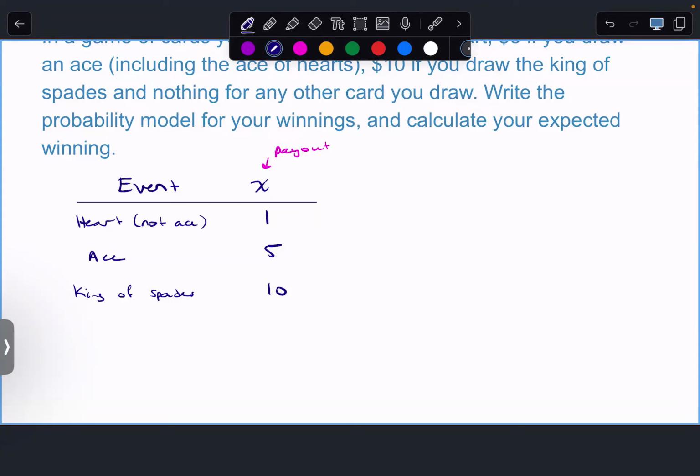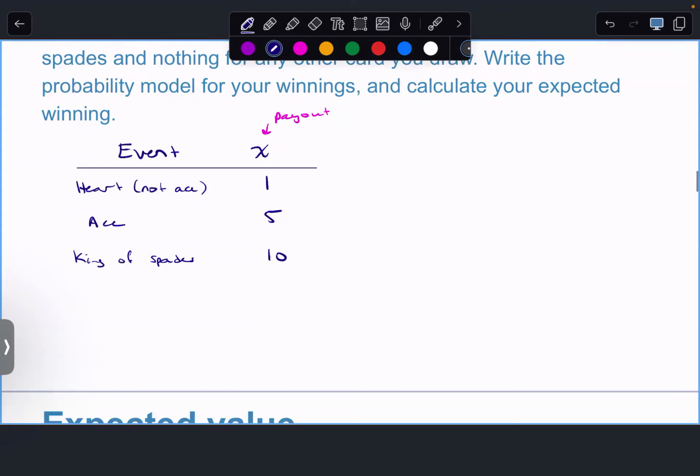And then if it's none of those, all other cards, you get 0, womp womp. Okay. So my possible outcomes are 1, 5, 10, and 0.